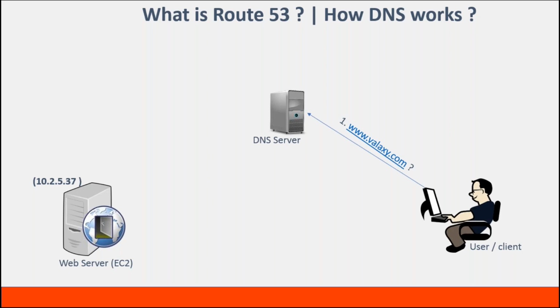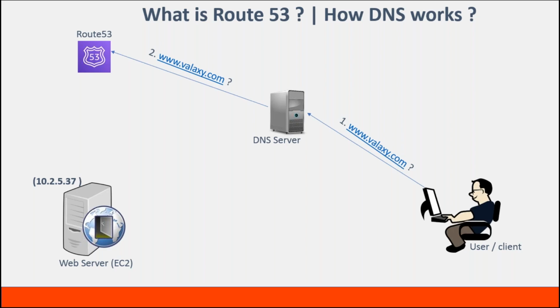Maybe the DNS server I am referring to here does not have any data related to www.veloxy.com. What it does is simply forward the request to another DNS server, stating, hey, I don't have any information about this name that you are asking. I'm forwarding this to one more DNS server which is hosted by the AWS Route 53 service.